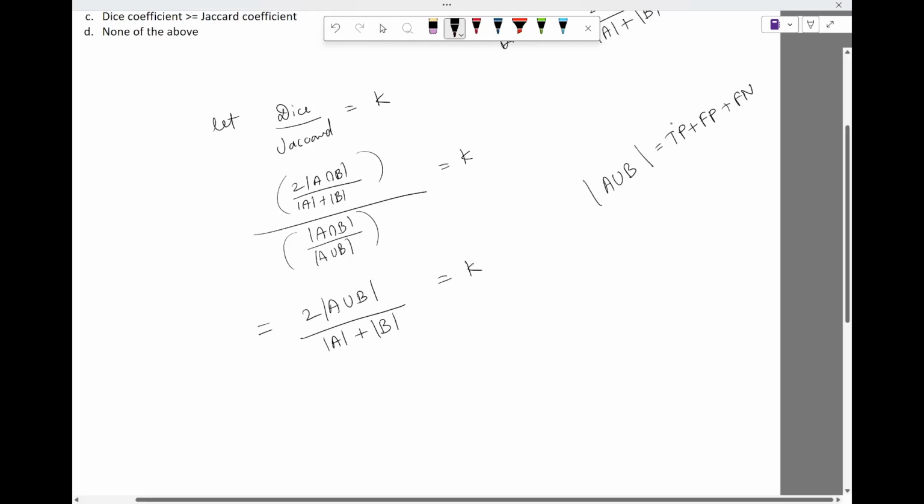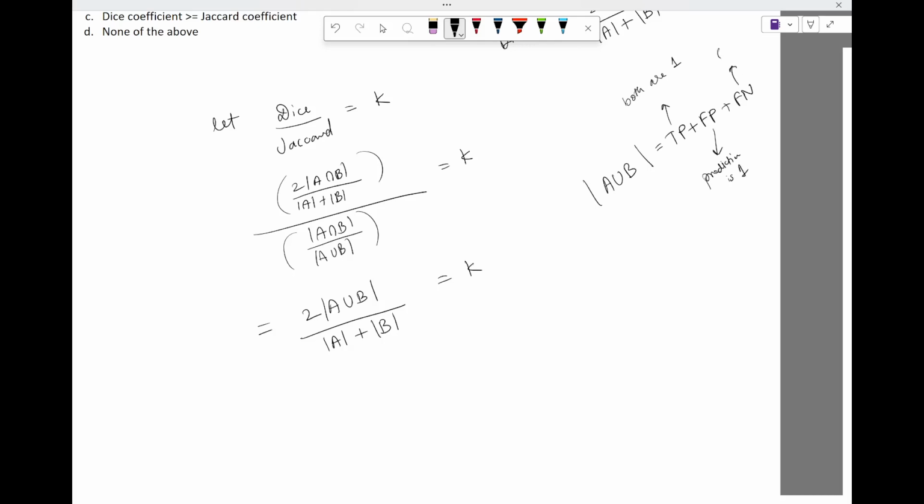In true positive, both ground truth and prediction pixels are 1. In false positive, prediction is 1. In false negative, ground truth is 1. So that will be A union B.